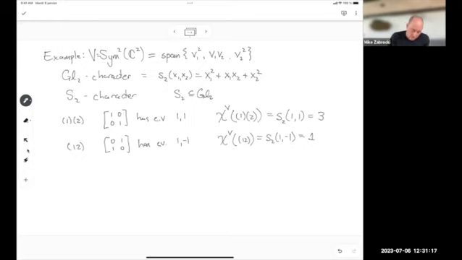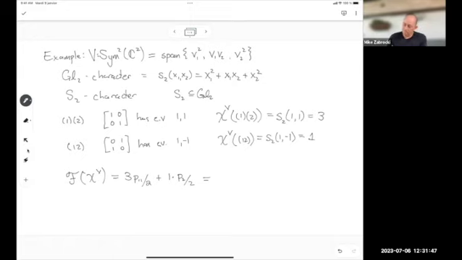Okay, so then I look at the Frobenius map of my chi V, and this is equal to 3 p11 over 2 plus 1 times p2 over 2. And then I can change bases because I know how to write power sums in terms of Schur functions and Schur functions in terms of power sums.